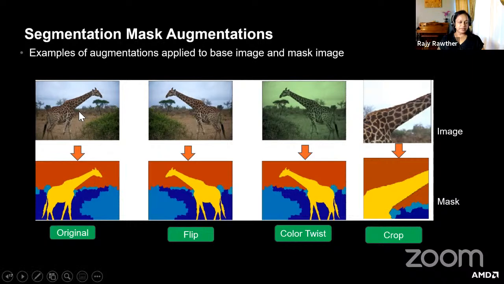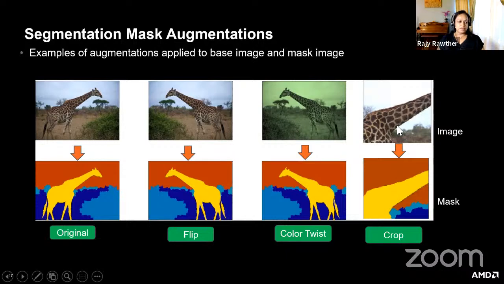The first category is the image and the mask, and when it is flipped, both image and mask get flipped. The third one is the color twist. Here you can see that the image is color twisted, but you don't apply that transform to the mask. Otherwise it will look completely different, because the mask is actually representing a category in the original image. So it shouldn't get color twisted.